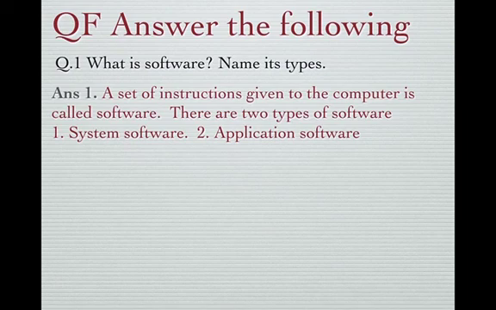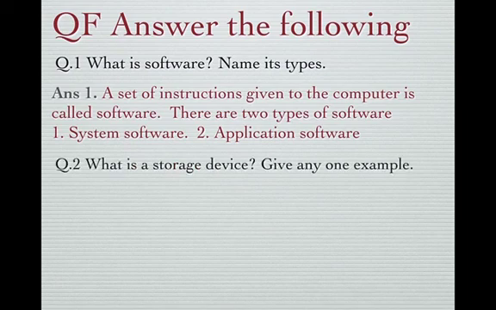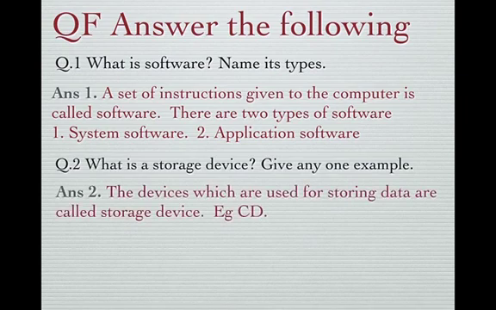Right. Question 2, what is a storage device and give one example? The devices which are used for storing data are called storage devices. In this chapter, we have learned three storage devices, that is CD, pen drive and hard disk. You can write any one of them.